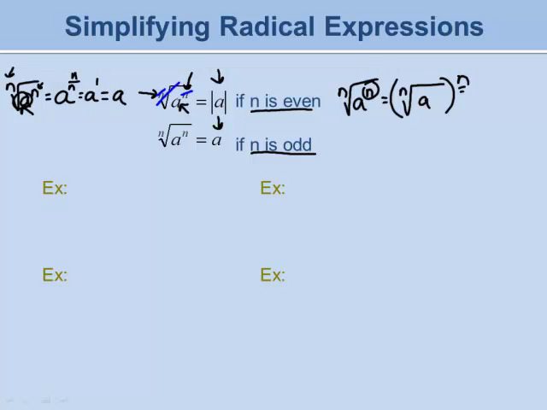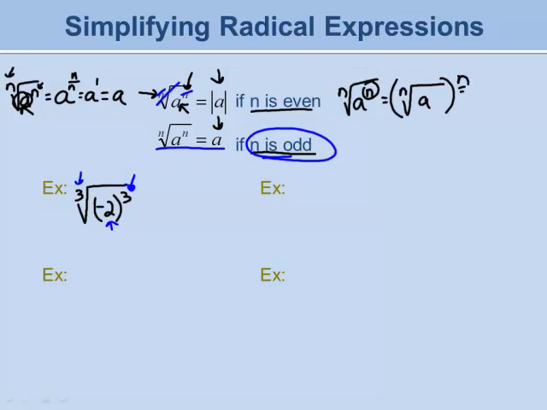So let me show you some examples. Let's say that you were asked to take the cube root of -2 cubed. Now in this example, notice that the power and the index match. And so using the rule up top, because 3 is an odd number, this rule says that the nth root of a to the n should just be whatever the a is in the original problem.